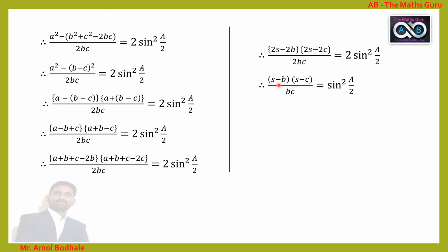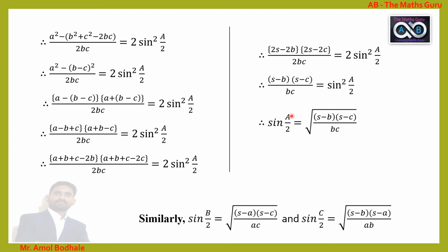So we will get s minus b into s minus c upon b into c is equal to sine square A by 2. Now we will take the square root on both sides. So we will get sine of A by 2 is equal to square root of s minus b into s minus c upon bc. Hence we get the first half angle formula.